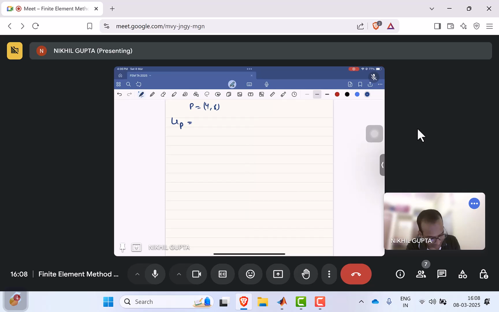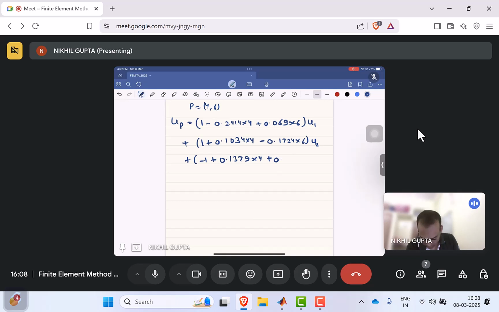So you will get 1 minus 0.2414 into 4 plus 0.069 into 6 into u1, plus 1 plus 0.1034 into 4 minus 0.1724 into 6 u2, plus minus 1 plus 0.1379 into 4 plus 0.1034 into 6 of u3.